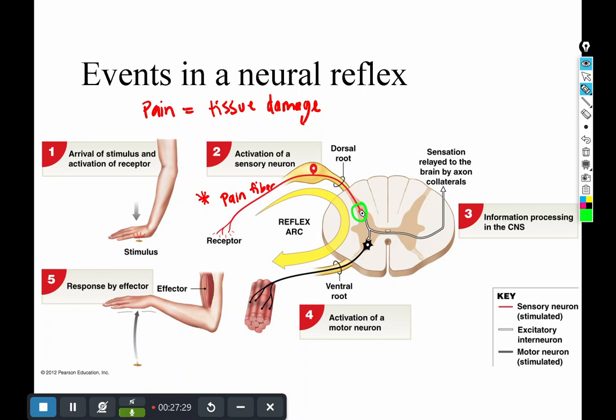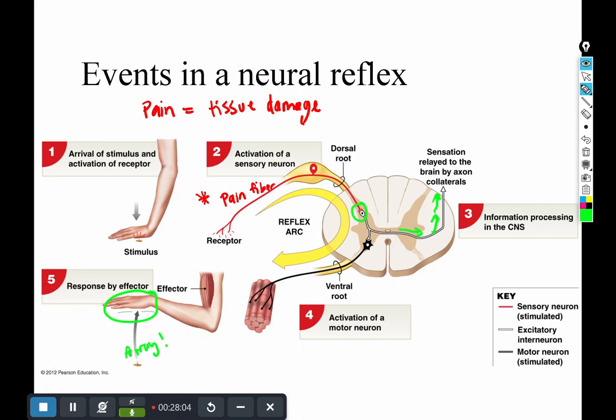The first collateral is going to, of course, activate via a motor neuron in the ventral root an effector, which is going to pull our hand away from the painful stimulus. But it would also be good to let the brain know what's going on. So simultaneously, the signal is ascending in a portion of the lateral white column to just let the brain know, hey, a painful stimulus occurred and a reflex was done about it.